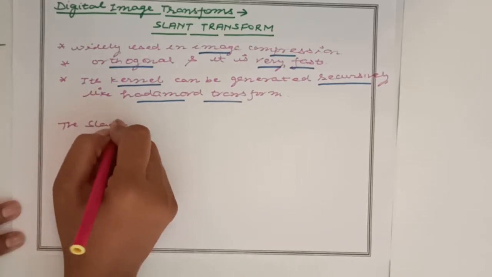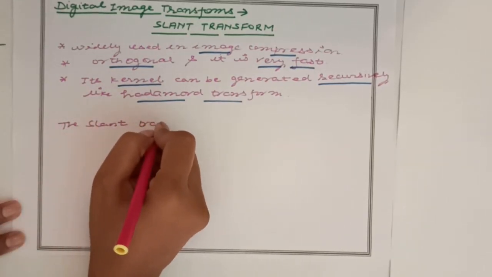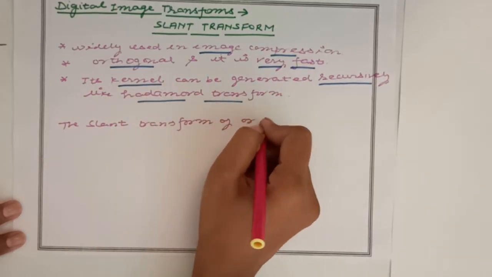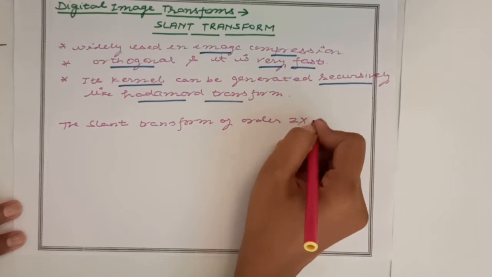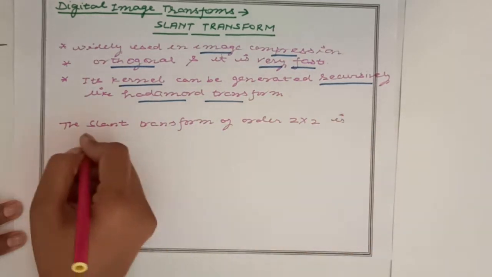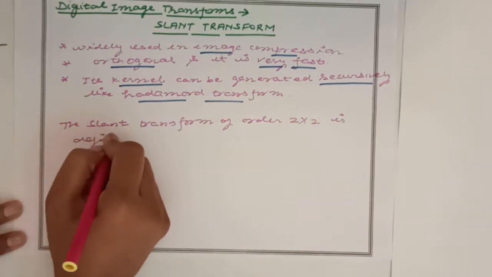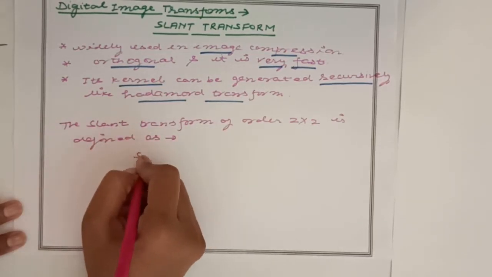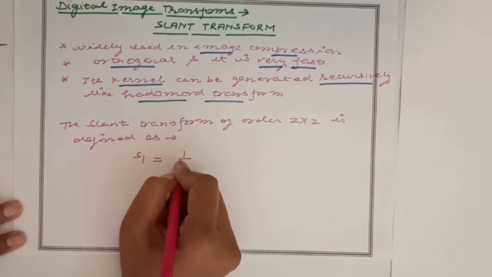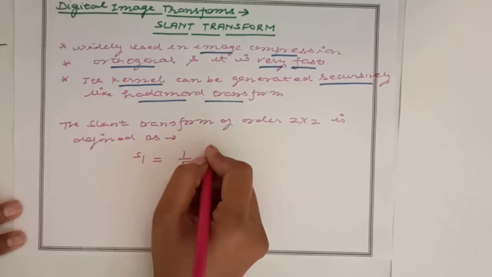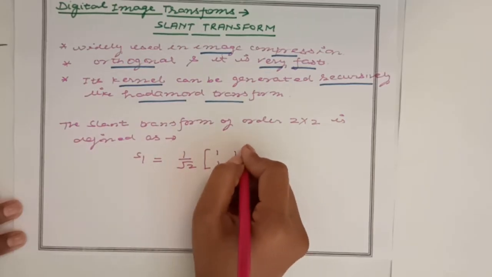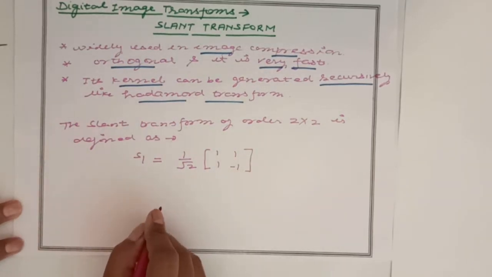The slant transform of order 2 cross 2 is defined as 1 by under root 2 and the coefficients are 1, 1, 1 and minus 1.